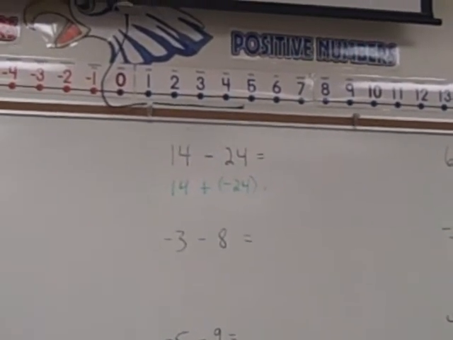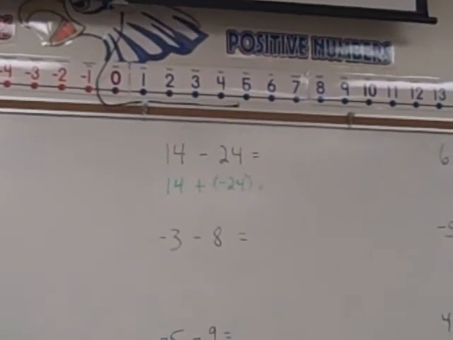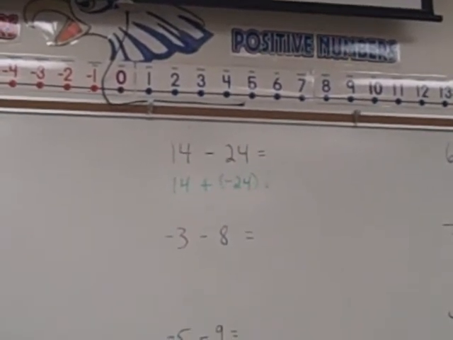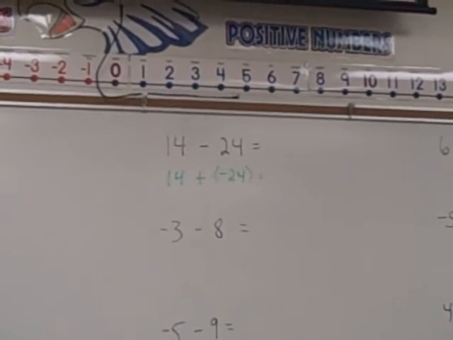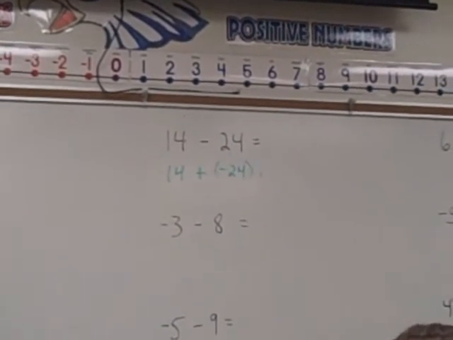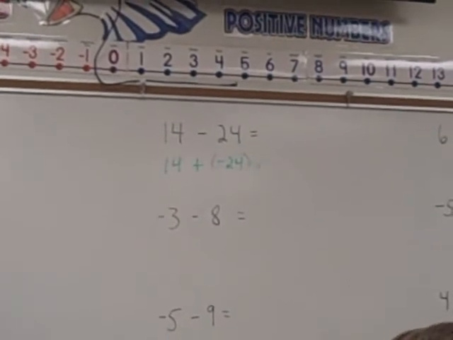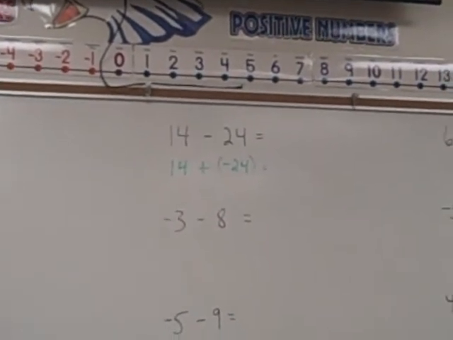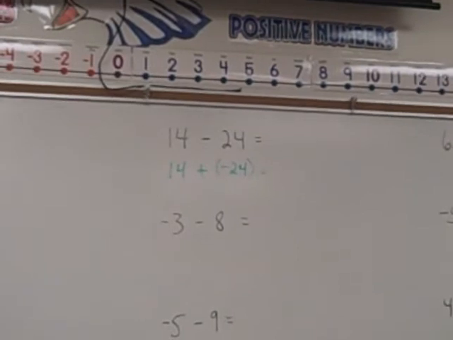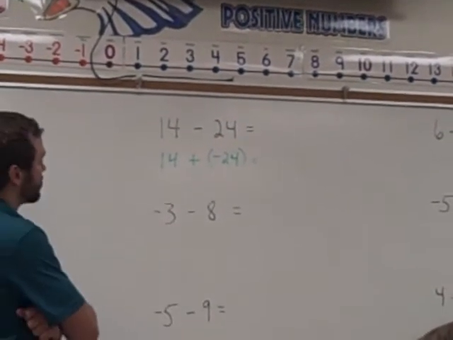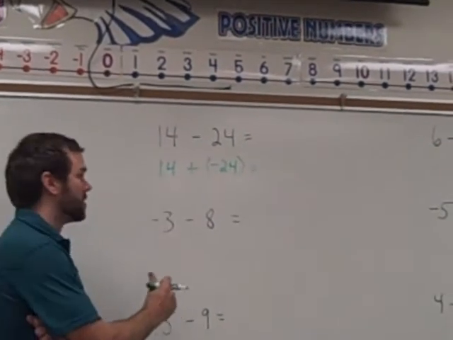Now what do I have? It's just addition, right? Didn't we do this on Friday? And we saw it was easy, so what do I do now? Think back to it. What happens? Are the signs different or the same? Different. What do we do when they're different? Subtract, right? Good job. Way to remember. So 24 minus 14? 10.